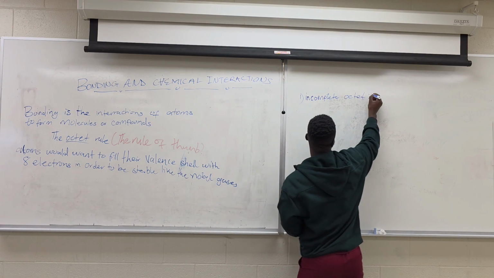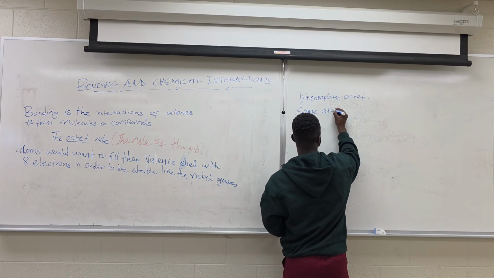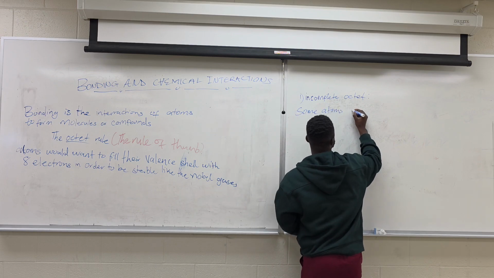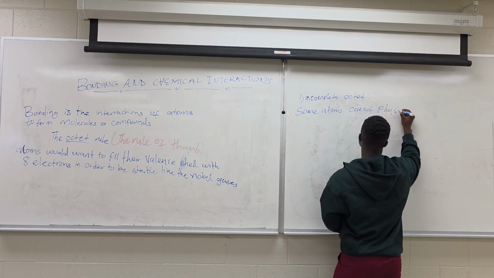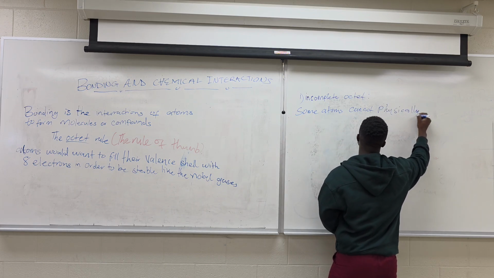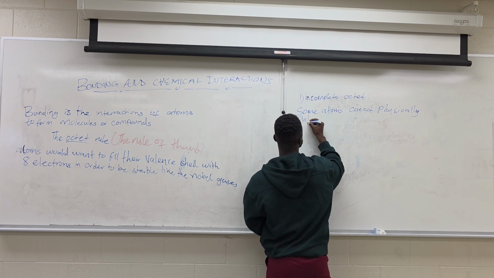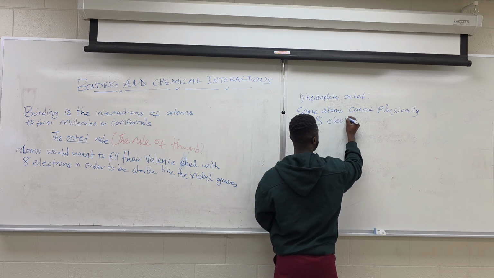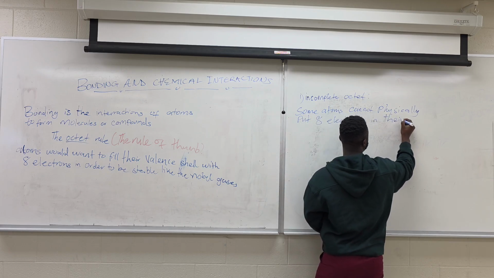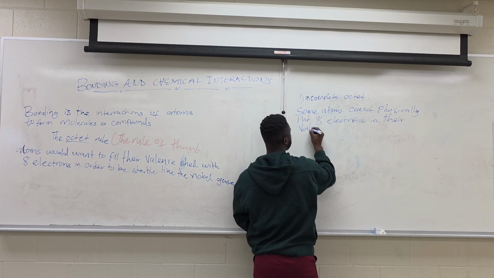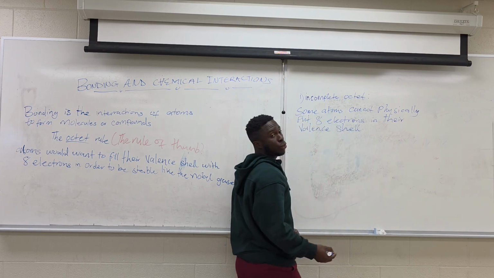So the incomplete octets are some atoms that cannot physically, or quantum mechanically, put 8 electrons in their valence shell. Why?